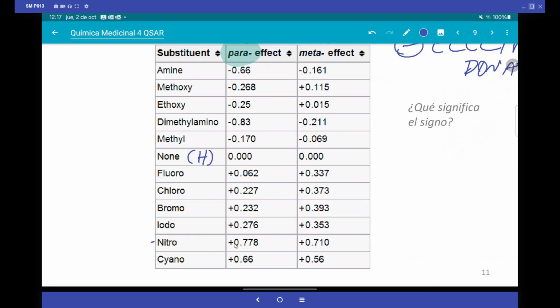And what is the most electron-donating? The opposite. Amine, very well, then dimethylamine, that is, nitrogen connected to two methyls. Here comes a question: why was a simple amine not as good as dimethylamine?